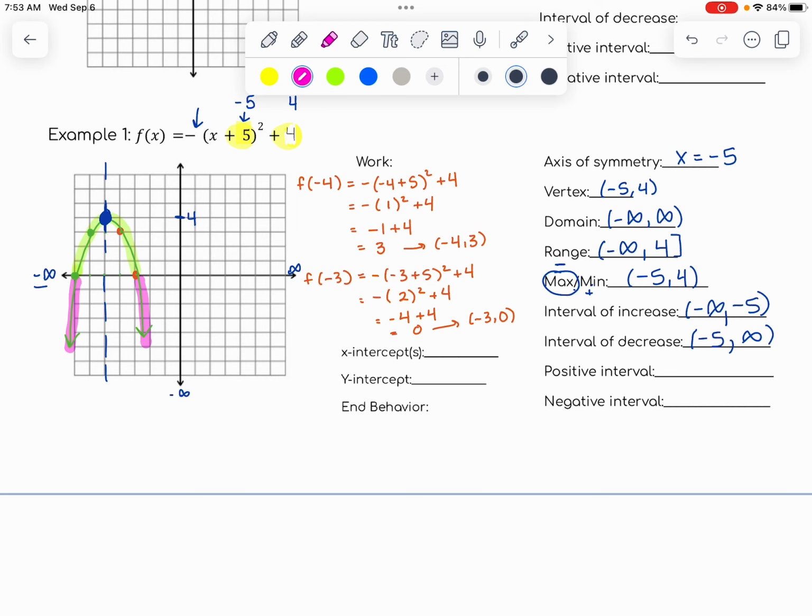Again, because the green portion is above the x-axis, and the purple portion is below the x-axis. So it's the x-axis that cuts off our positive and negative intervals. And it's the x-intercepts specifically that help us find where the intervals change from positive to negative.